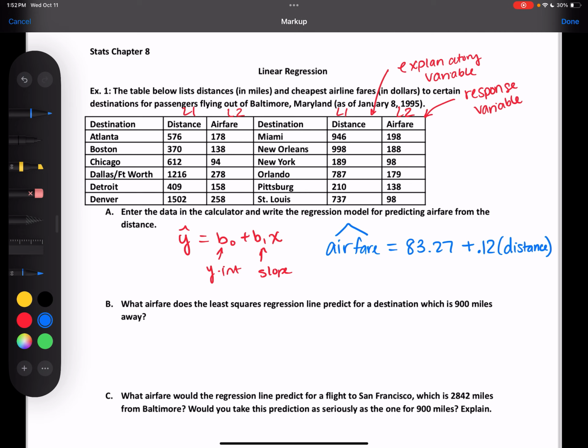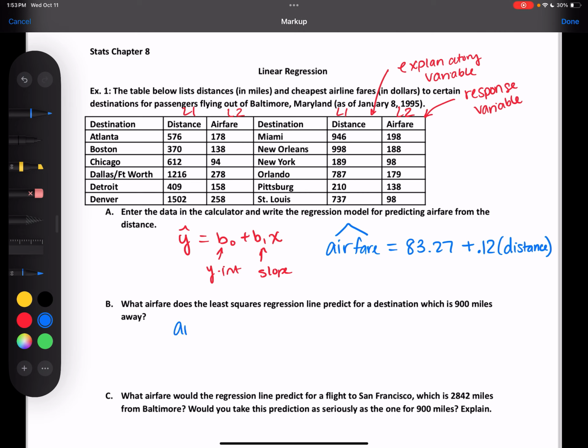Okay, so now, what airfare does the least squares regression line predict for a destination which is 900 miles away? So basically, in the spot where we have distance, we're going to put in 900 and just solve the equation.